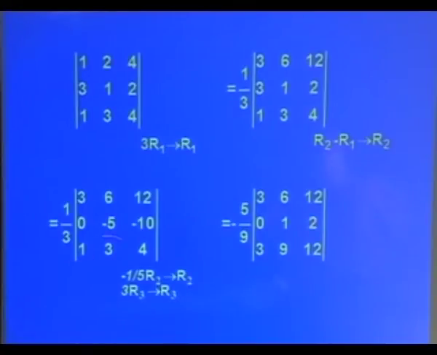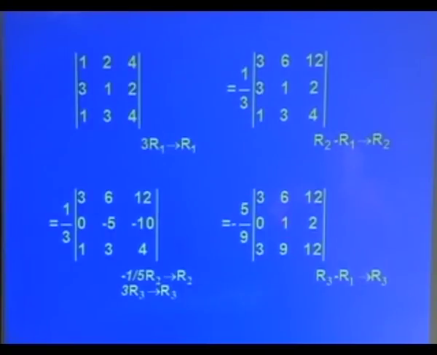Now, the third row is changed here. How have I obtained this row? I have multiplied this row by 3. So we will have 3 here, 9 here, and 12 here, and since I am multiplying by 3, I divide by 3 here. So the factor is minus 5 by 9. So this matrix is obtained.